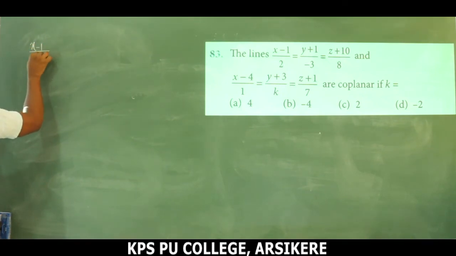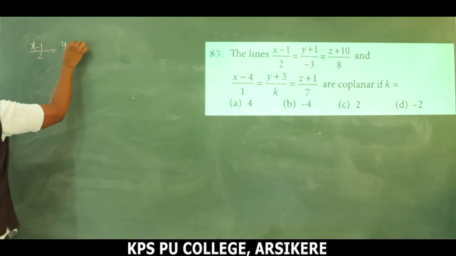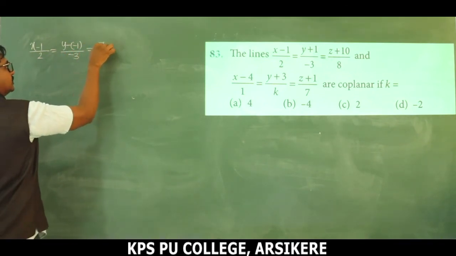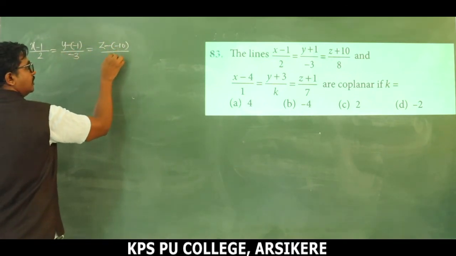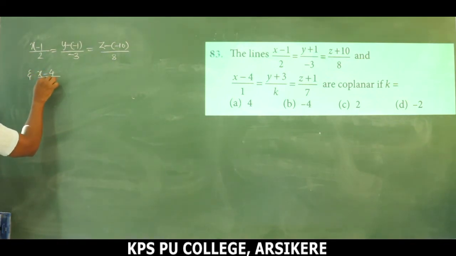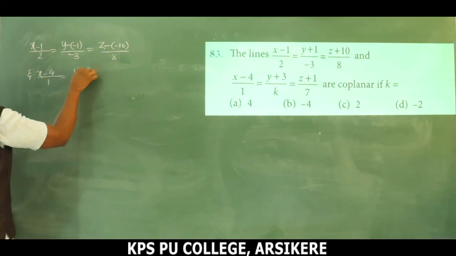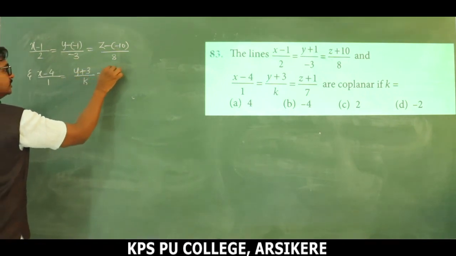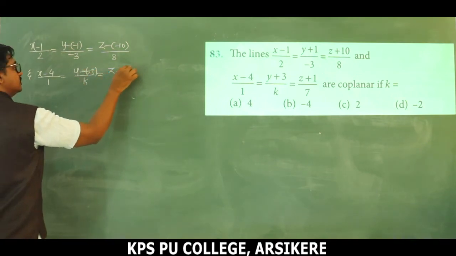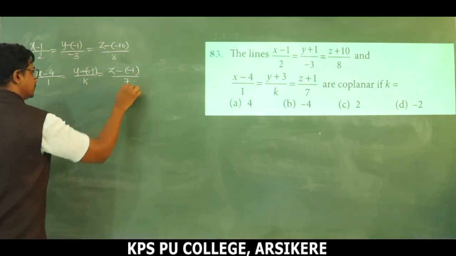x minus 1 divided by 2 is equal to y minus of minus 1 divided by minus 3 is equal to z minus of minus 10 divided by 8. And the second equation, x minus 4 divided by 1 is equal to y plus 3 divided by k is equal to z minus of minus 4 divided by 7.